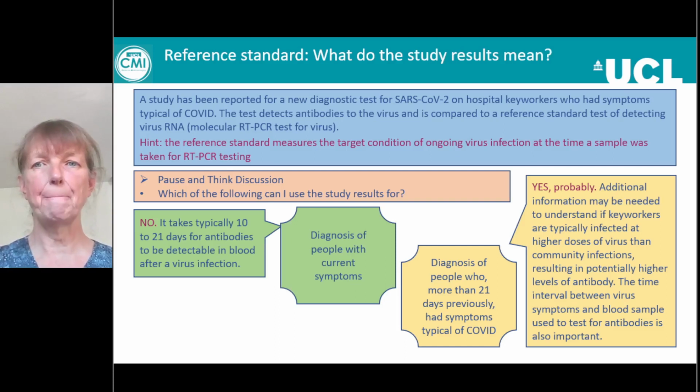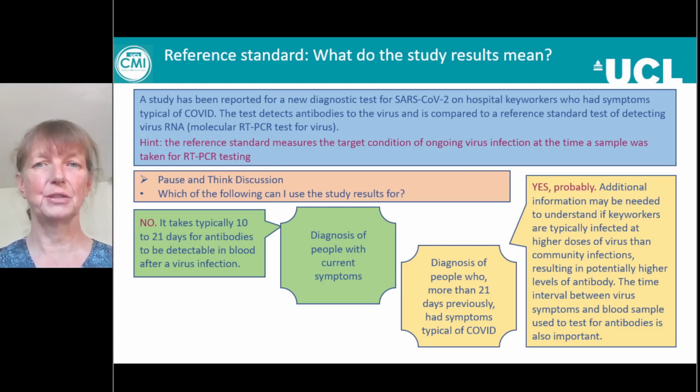Okay, so I hope you enjoyed thinking about all those different interpretations of what the study results mean, and I hope it was informative to see how important it is, when interpreting diagnostic test accuracy results, to go back to the reference standard, because you are comparing against the reference standard, and the reference standard here was about detection of virus in the nose and throat.